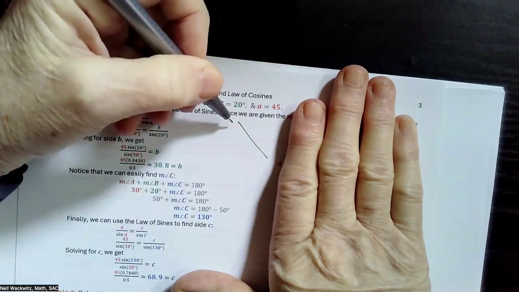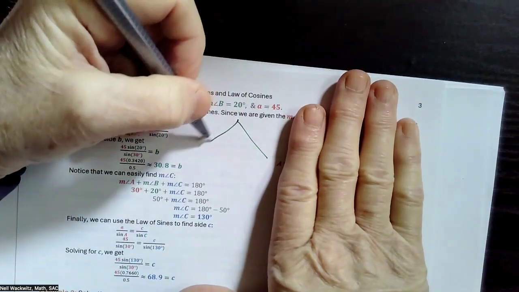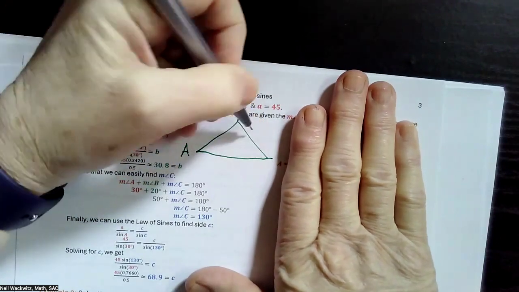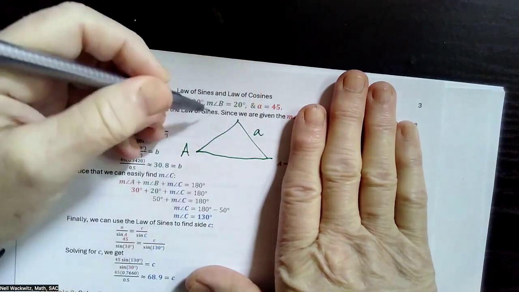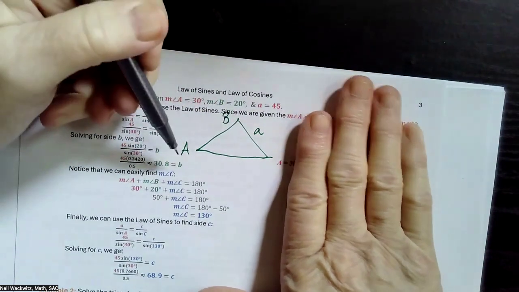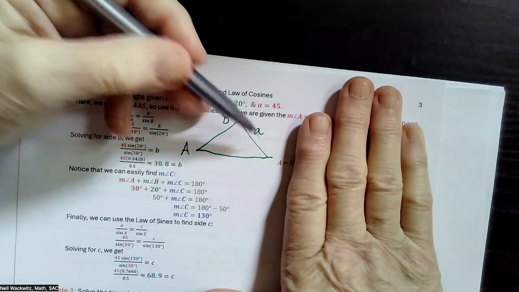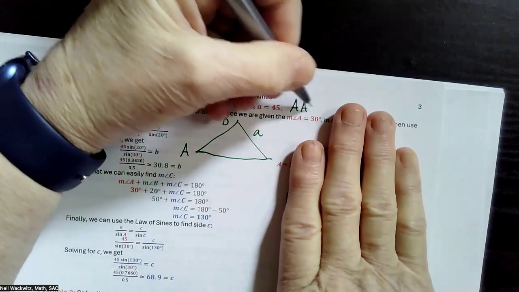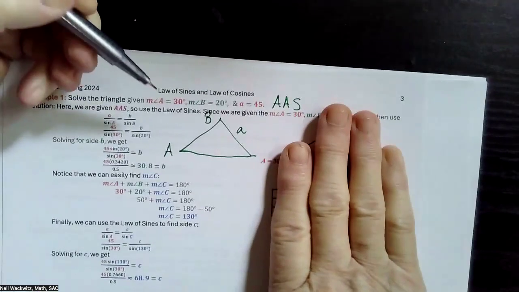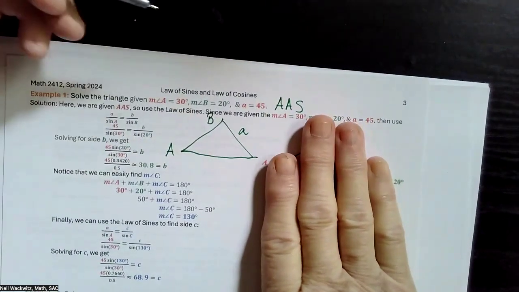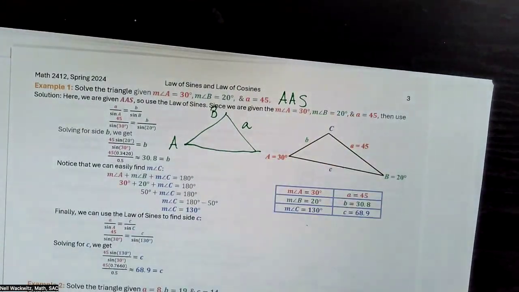I can see that A is less than 90. Here's A, and A at the top. So I've got angle, angle, side.